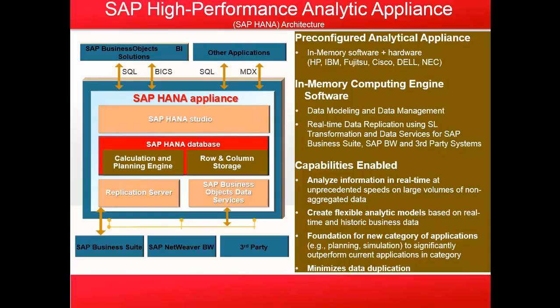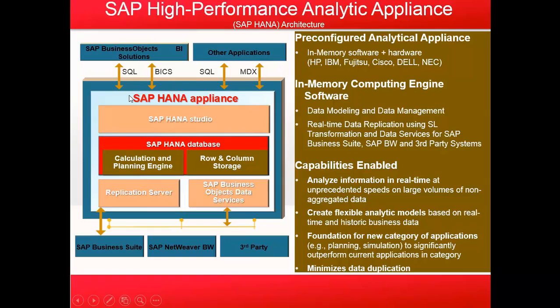Especially here you can see some are connecting through SQL, through BICS, through MDX, and at the bottom we have SAP Business Suite, SAP BW, or third-party systems getting connected. They are connected using some of the replication servers, could be through SAP's Data Services, could be through SAP's SLT replication. Okay, so at the center of it, here you can see this is the SAP HANA appliance.